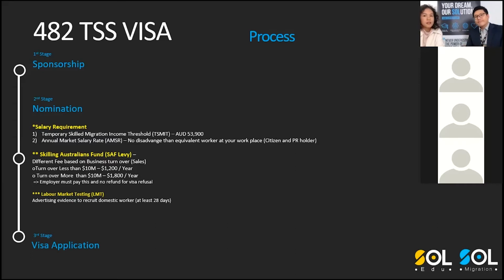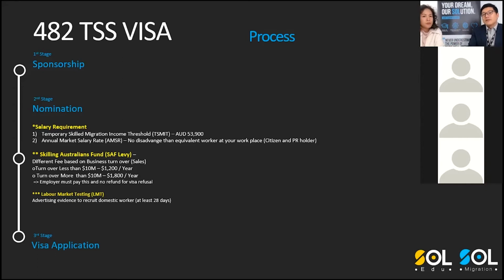Okay. Yes. And then the other thing that the employer considers is the SAF levy. We call it the SAF levy, the Skilling Australian Fund. This is simply a kind of tax levy that the employer has to pay to the government because they are hiring an overseas worker rather than an Australian worker.